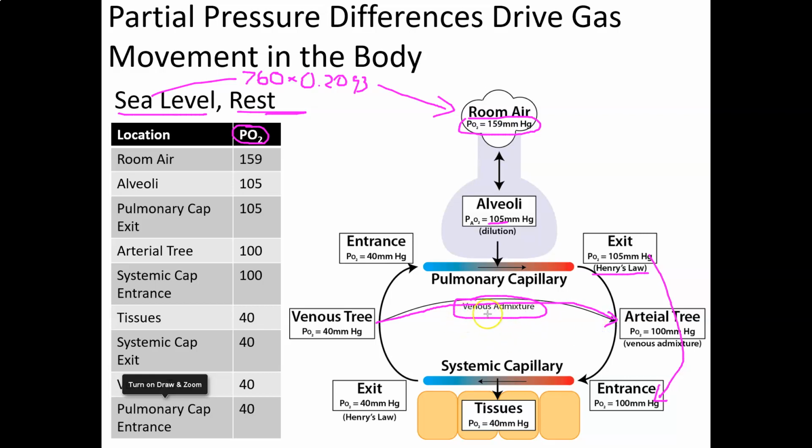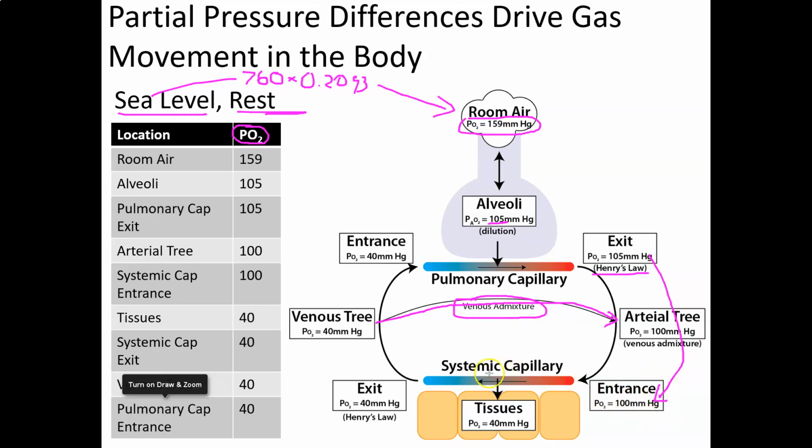The venous admixture is a bit of blood that has a low amount of oxygen in it, relatively speaking, and it bypasses the lungs. Sometimes it's called a shunt. It bypasses the lungs and ends up dumping into the arterial tree. So since it's lower in oxygen, it dilutes the partial pressure of oxygen down a little bit, down to about 100.